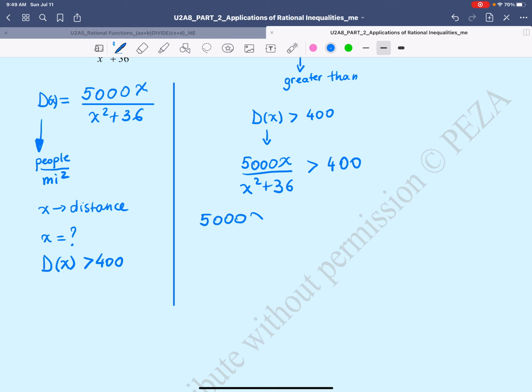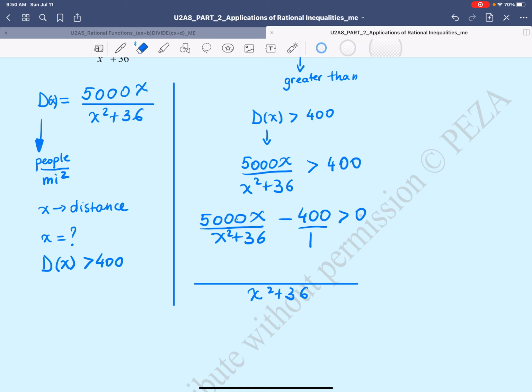5000x over x squared plus 36 minus 400. So take all the terms to one side of the inequality and then combine them into a single rational expression. The common denominator is x squared plus 36. And the numerator is 5000x minus 400 times x squared plus 36, bigger than 0.